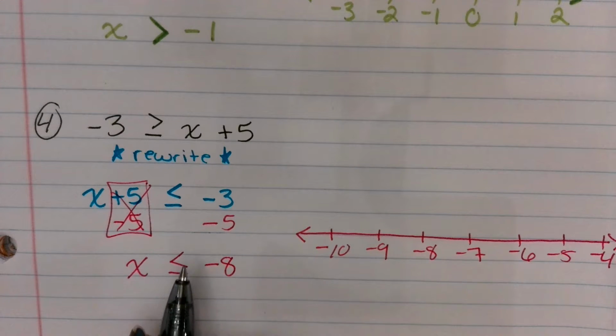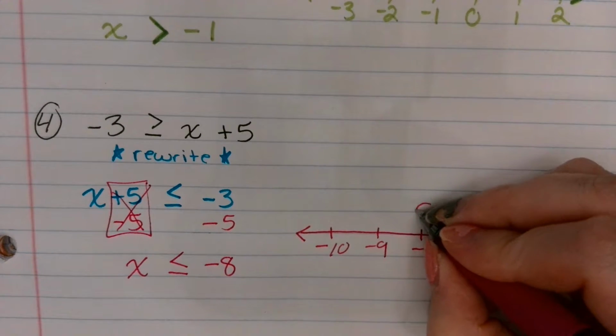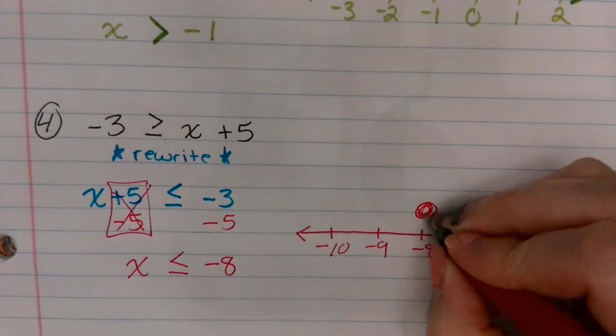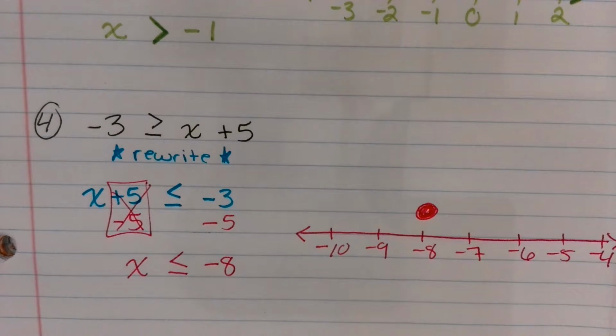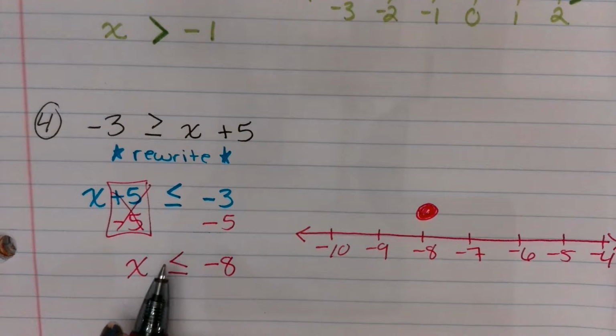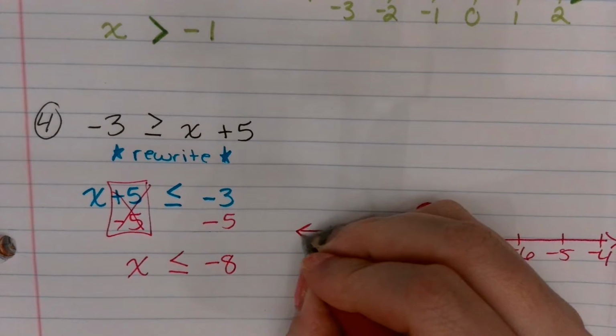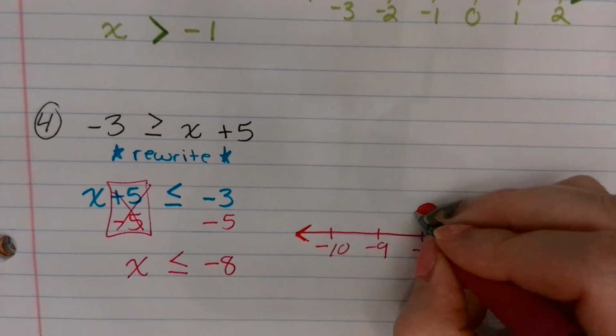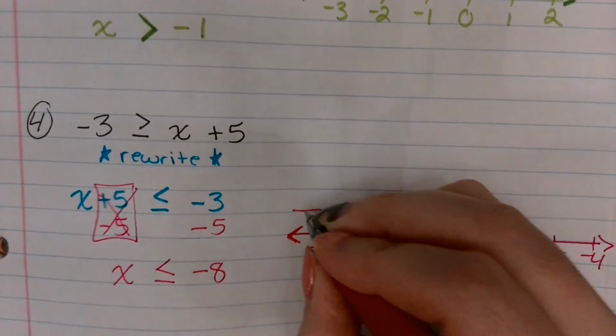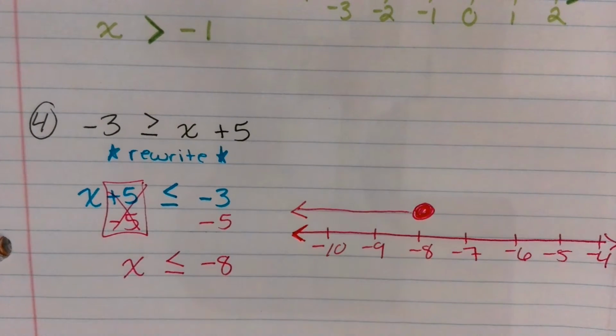That means it's going to be a closed circle. So at -8, I'm going to fill that circle in. It's a closed circle. And look at the direction that the arrow of the inequality is pointing. It is pointing in the same direction that this arrow is right here. So we're going to follow this direction. We're going to go to the left.